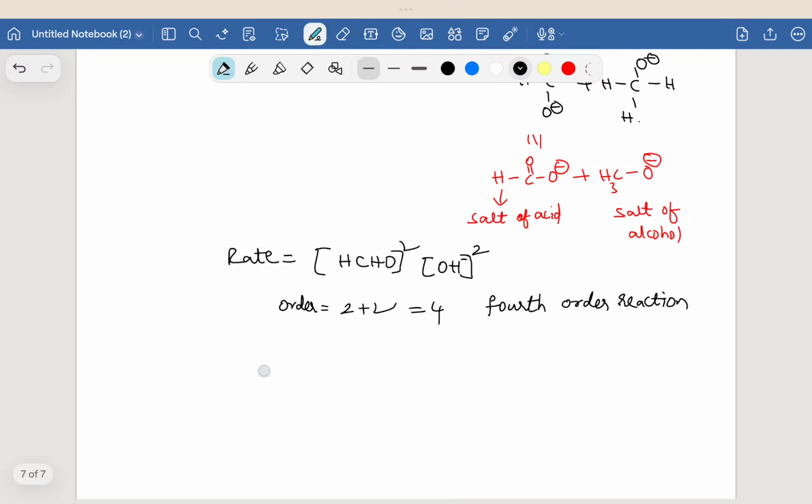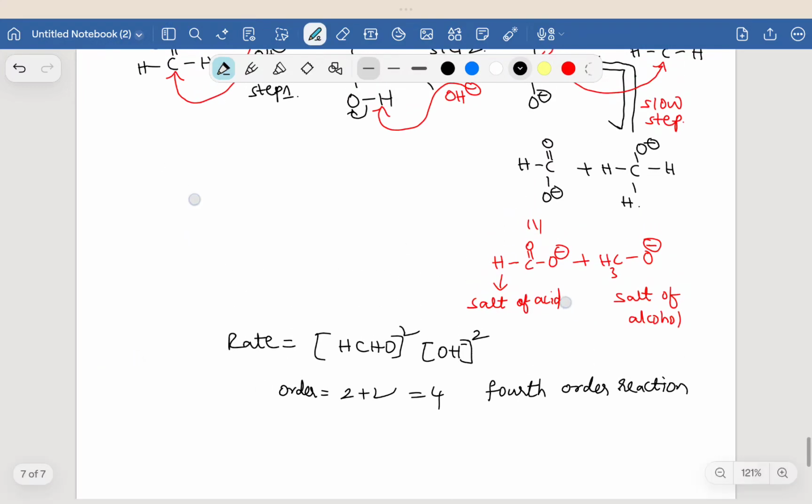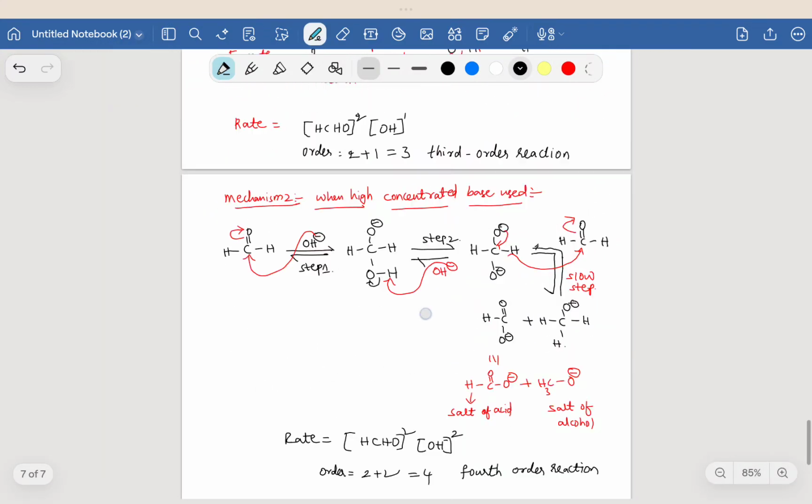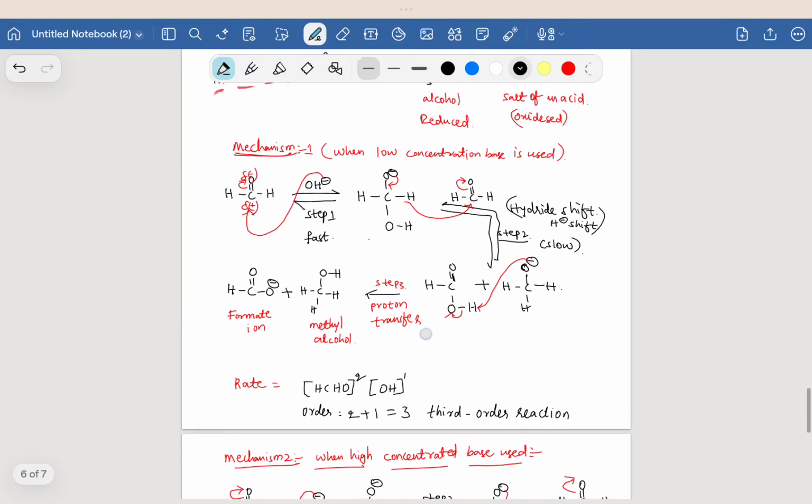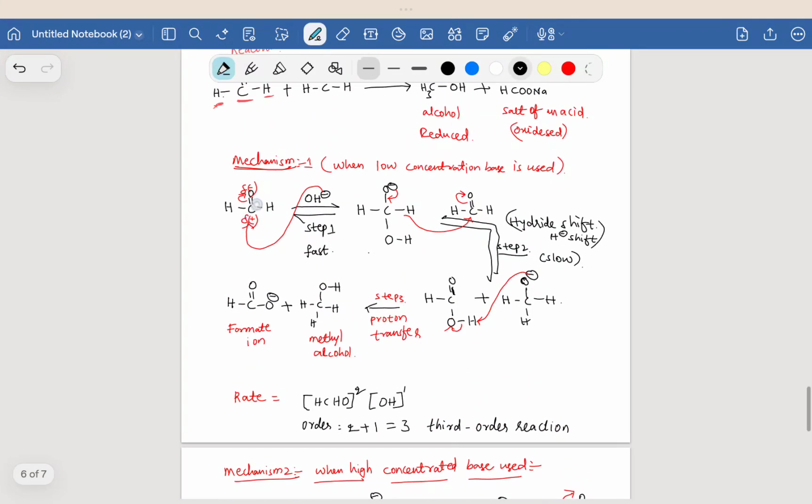So if you see again, mechanism 1 and mechanism 2. In mechanism 1, what have we taken? A low concentrated base. We have taken one aldehyde which does not have alpha hydrogen, and it reacts with the strong base. The carbonyl compound, which acts as an electrophile, gets attacked.